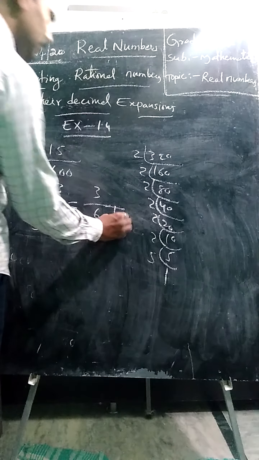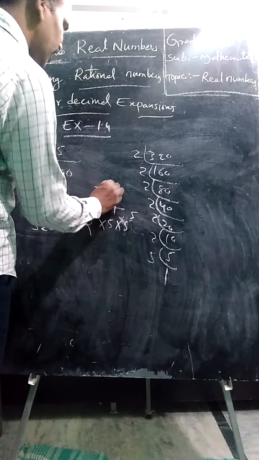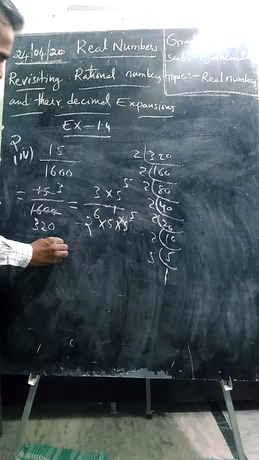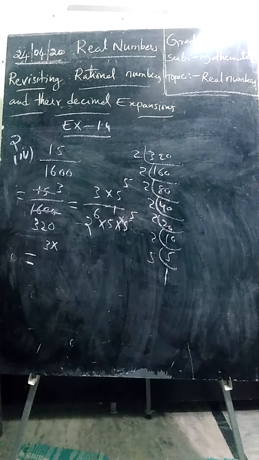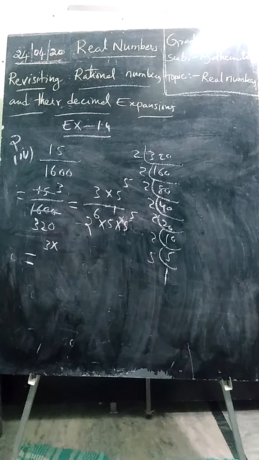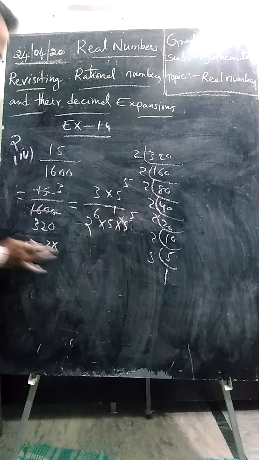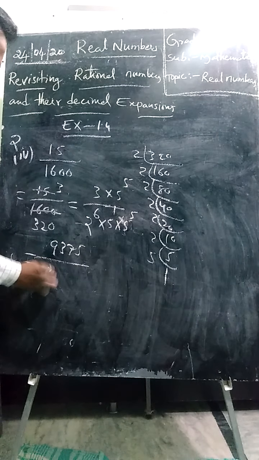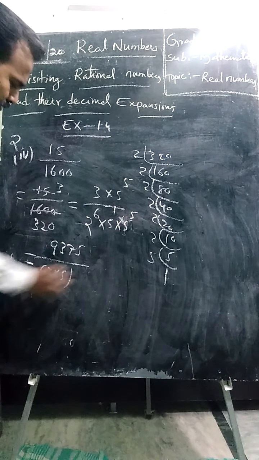So to make it power 6, let me multiply by 5 power 5. It is possible when they have terminating decimal. So if you take 5 power 5 and multiply, it becomes 9375 by 2 into 5 whole power 6.